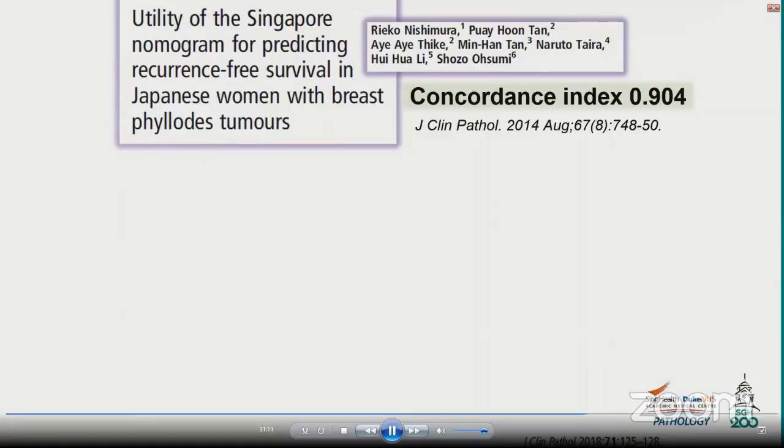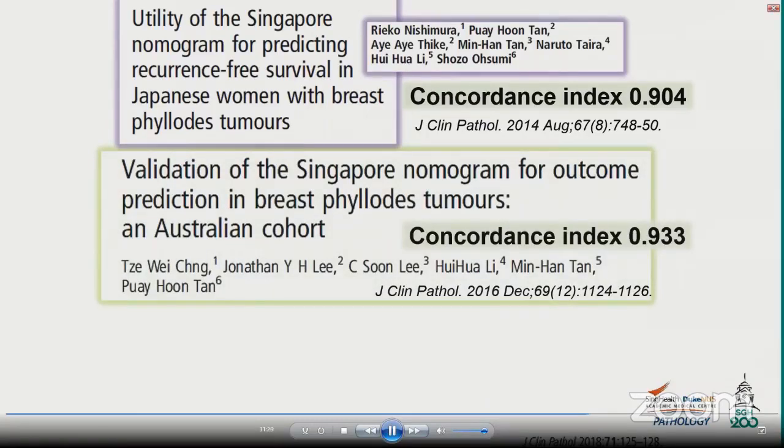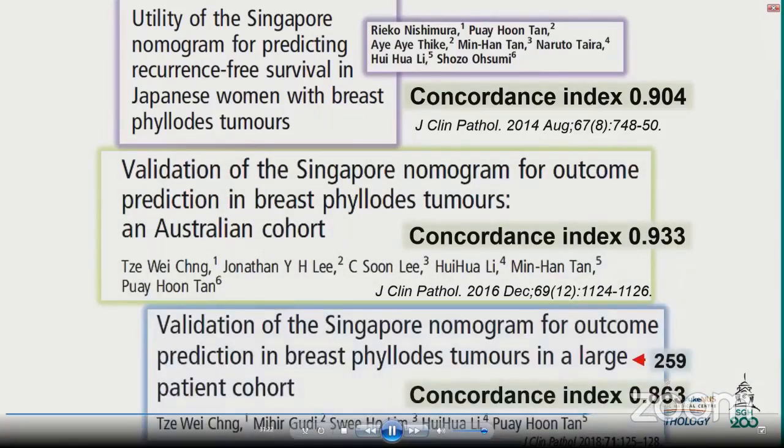Well, it's been studied in different populations. In this Japanese group, the concordance index was close to 1, similarly in a small Australian cohort, and in a larger study of 259 women, where the concordance index was 0.86.